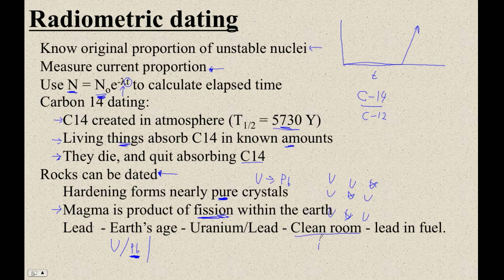He had to invent a clean room to keep lead off his experiments, so that he could accurately measure the ratio of lead to uranium and determine the Earth's age, which is something like 4.55 billion years. It's an amazing story. Look up tetraethyl lead on Wikipedia, or Clair Patterson, or Age of the Earth and Clean Room, which is a key thing. Anyway, enjoy.